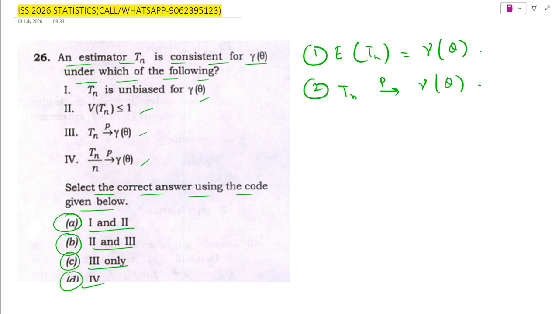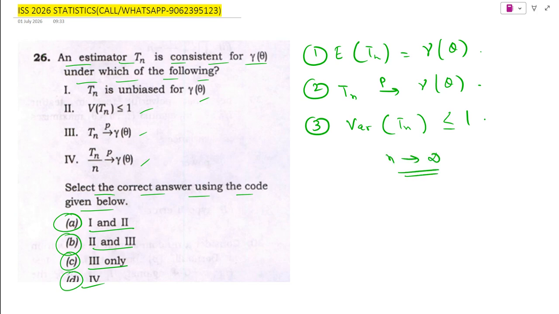Okay. Now the property 3, that is the variance. Variance measures the spread. So a small variance is good, but merely saying variance of Tn is less than or equal to 1 does not guarantee that the estimator approaches the true parameter. And for consistency, variance should usually approach 0 as n tends to infinity.